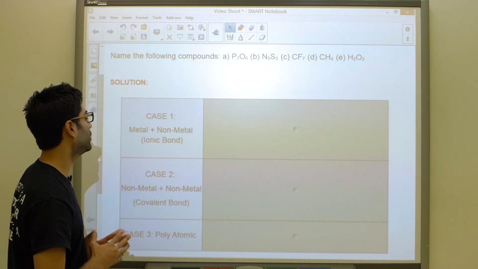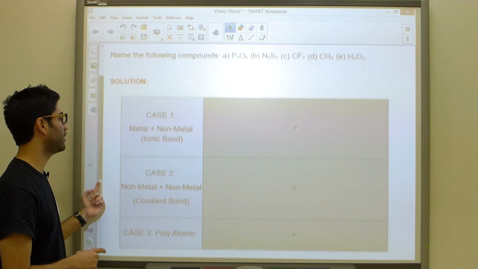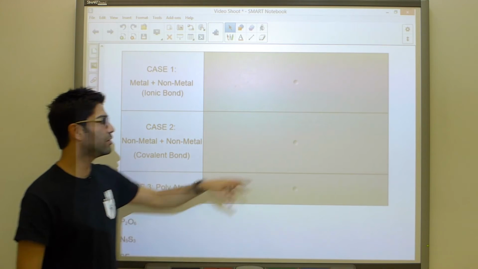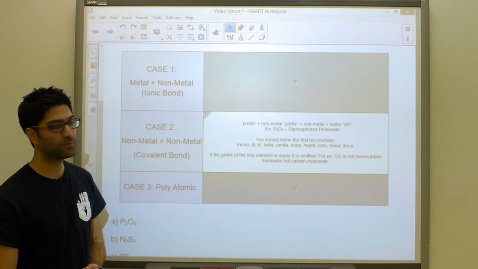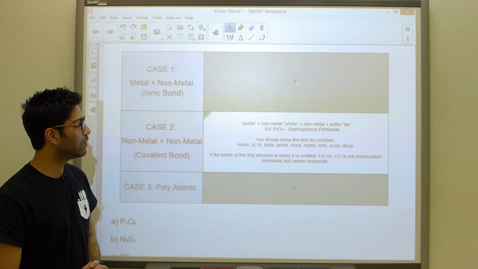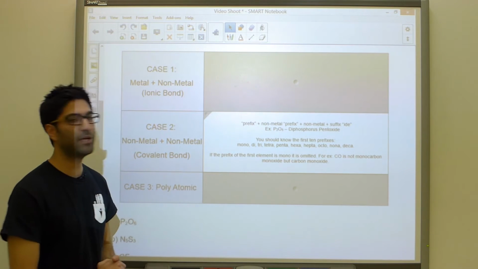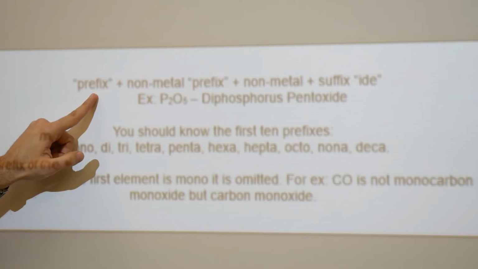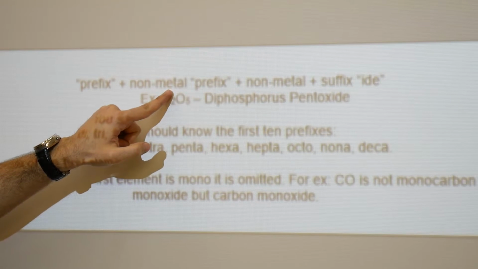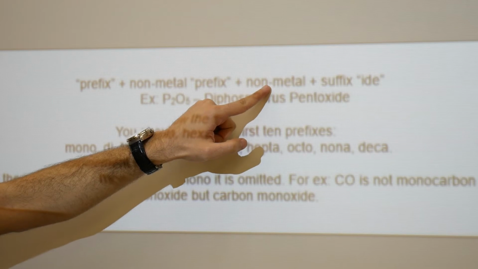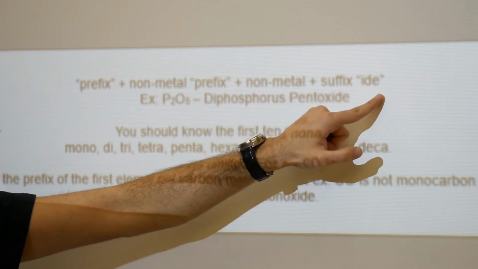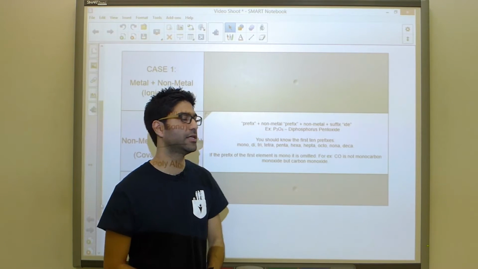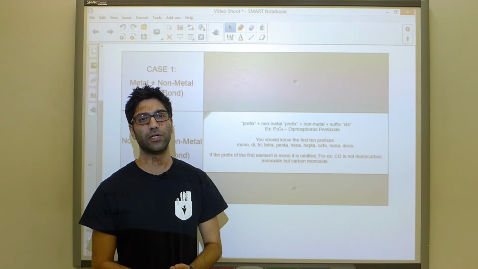So when you have a non-metal scenario, here are the rules that we need to be aware of. The template for naming this guy is as follows. You take some prefix, add the non-metal, prefix, non-metal, and then you add the suffix "-ide". This seems really complicated, but take a look at how simple this really is.